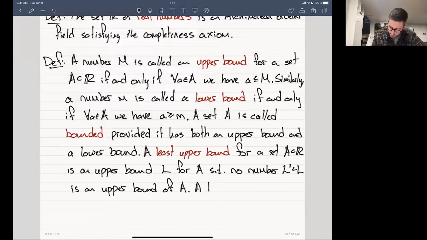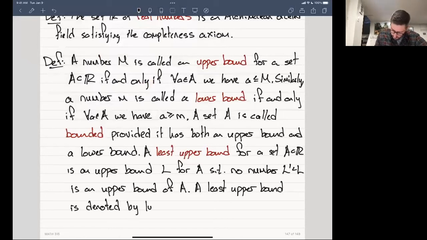And we say a least upper bound is denoted by LUB of A.